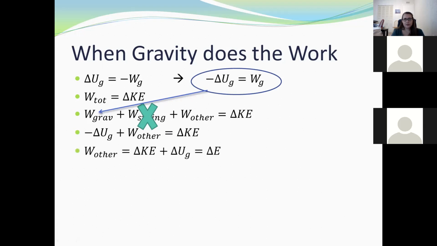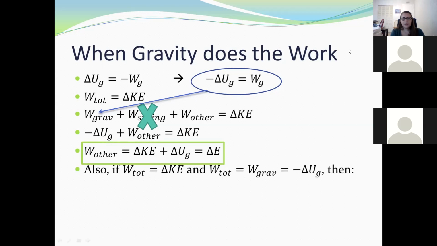So our work due to other things equals the change in kinetic energy plus our change in potential energy. And we call that change in total mechanical energy. Capital E, just by itself, means total mechanical energy. So this is another one of those really important equations to keep a mental note of.